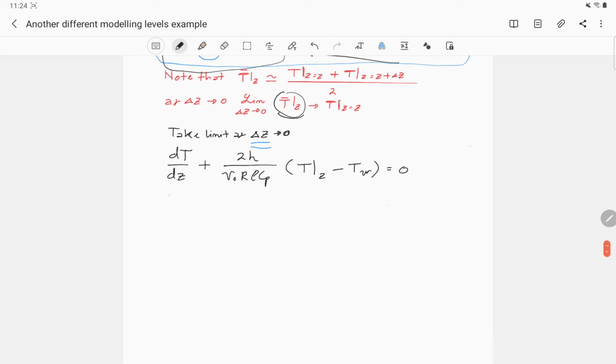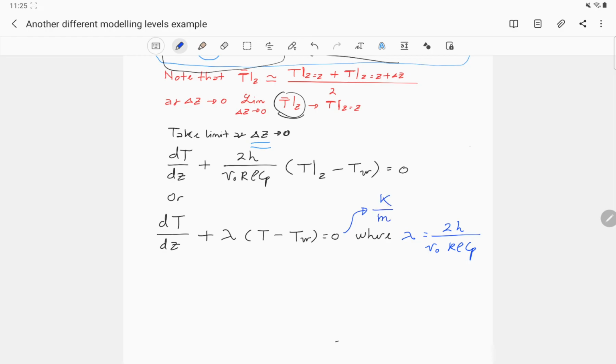So we can take it as dT over dz plus lambda multiplied by T minus T W equal to 0, where we have created another variable called lambda. This lambda is taken as 2h divided by V0 R rho Cp. The unit of this is basically K per meter. Okay, so we want to check why this is the case.